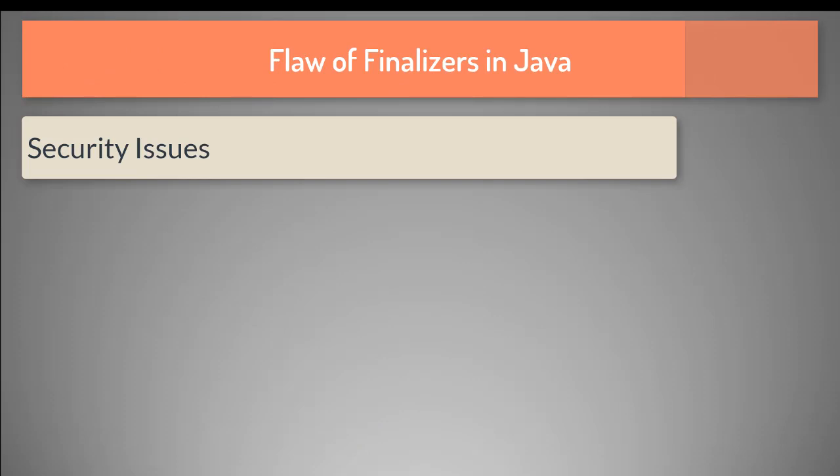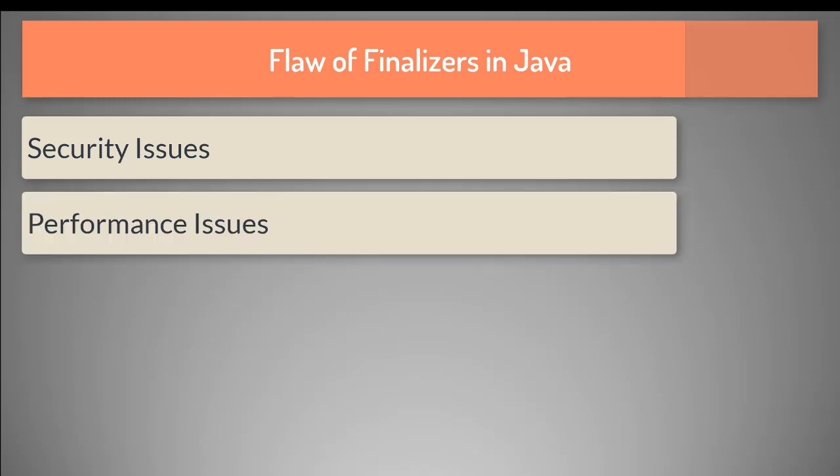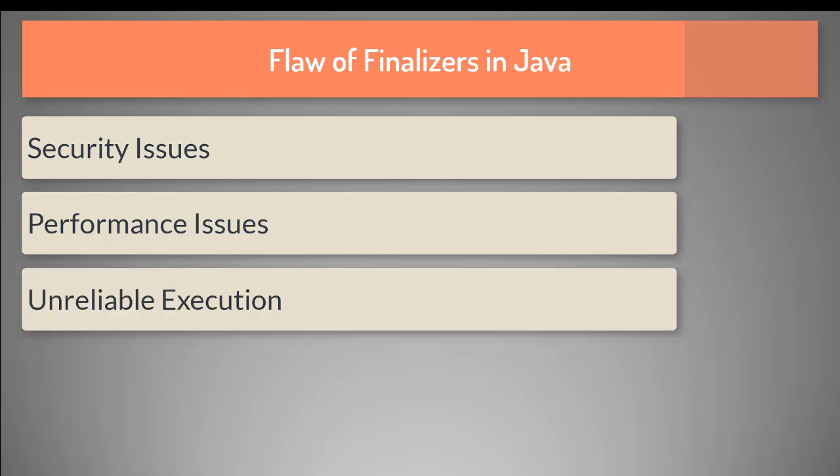First of all, it has some fundamental security issues, particularly if the constructor of a class having a finalizer method throws an exception. In this case, though the object is not fully initialized, it will still be eligible for finalization, and its finalizer can do arbitrary actions on this object. Second problem is that it has severe performance issues because the garbage collector needs to do extra work when objects are created. Thirdly, it has the problem of unreliable execution because finalizers are scheduled to run by the garbage collector.